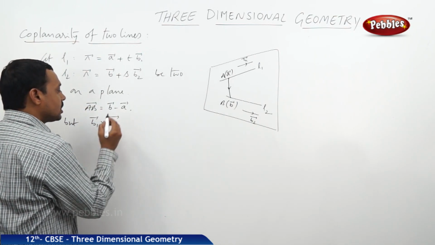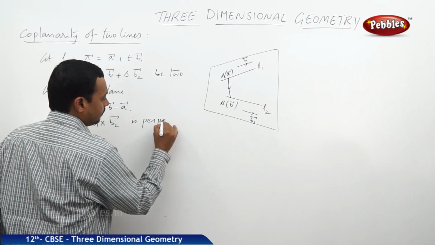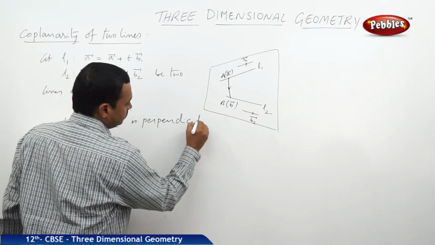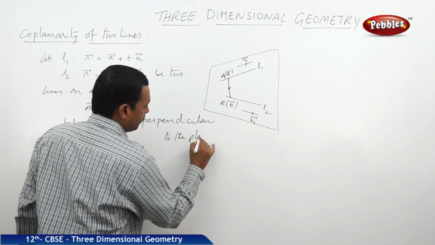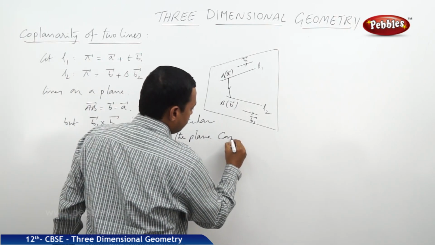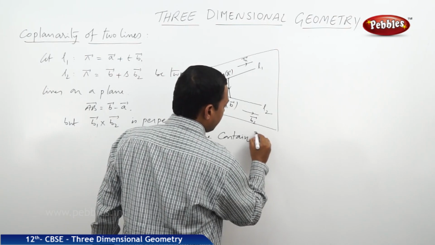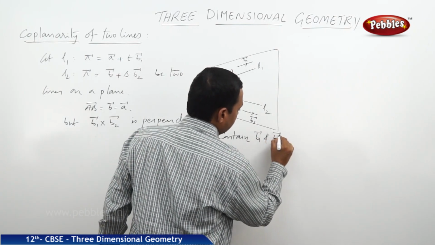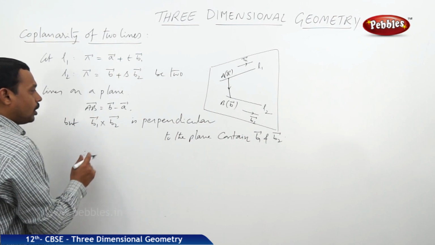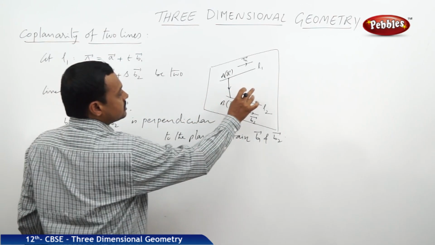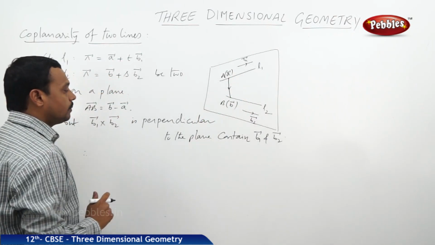Hence b1 cross b2 is always perpendicular to the plane containing b1 vector and b2 vector. Therefore, b1 cross b2 is perpendicular to the plane and AB vector is on the plane.